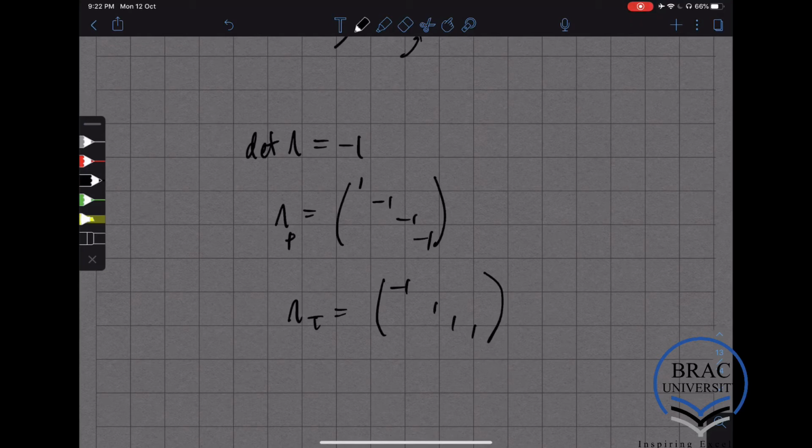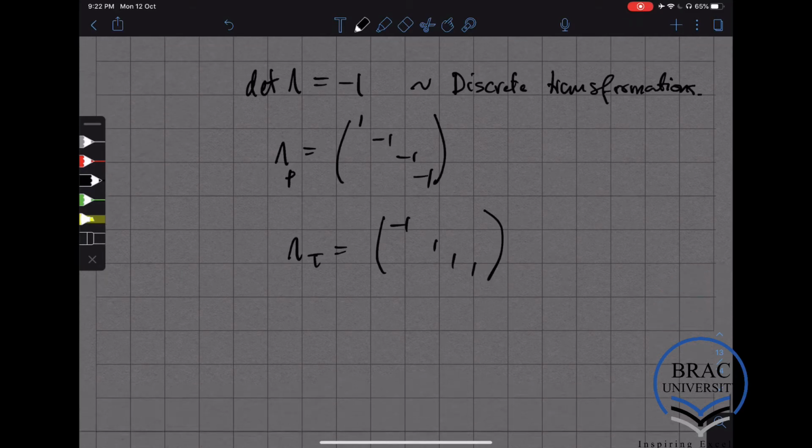So these are known as discrete transformations. In this lecture, we won't discuss this anymore, but when we are discussing quantum field theory, we will come back to the discrete transformations.